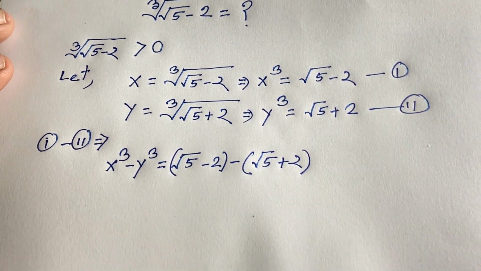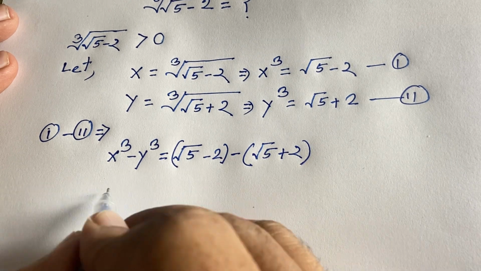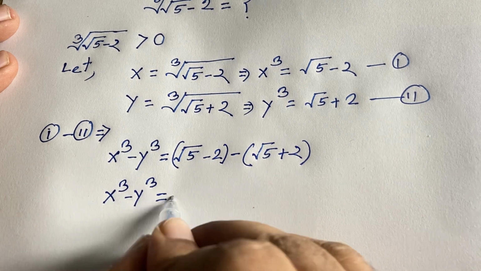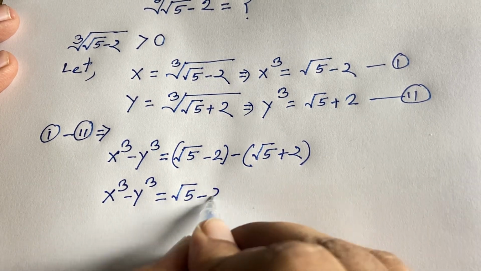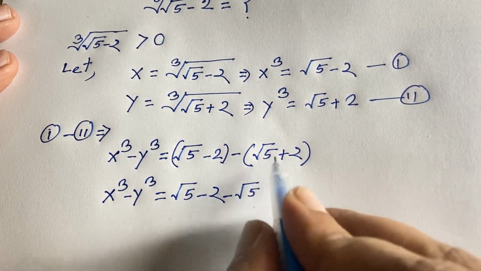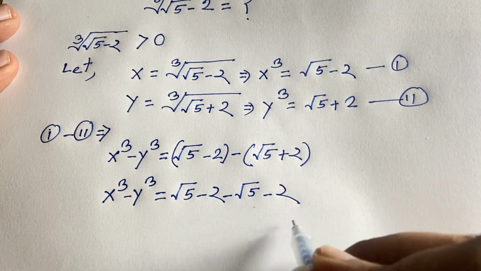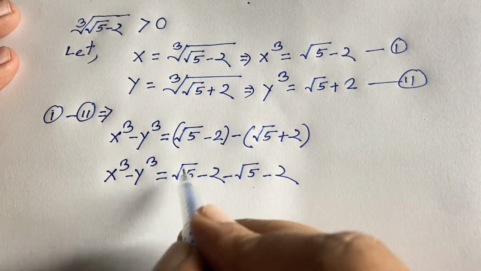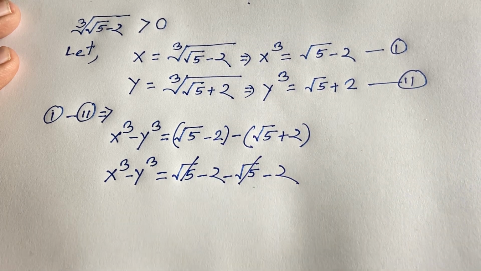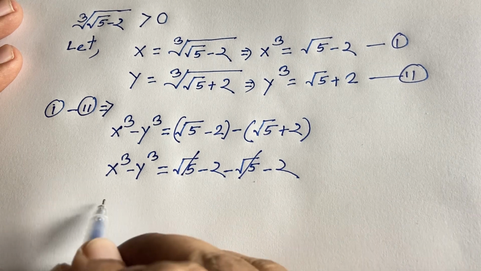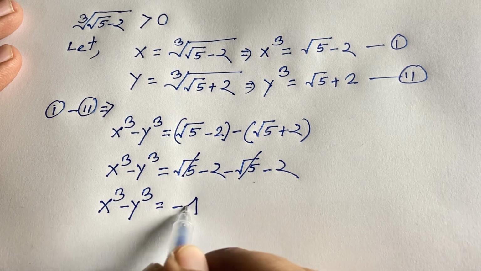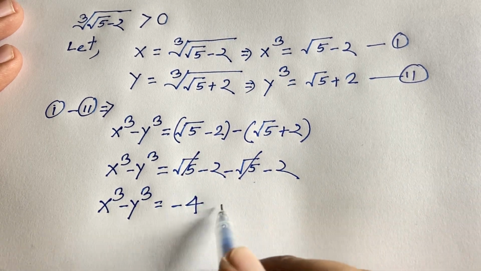Now this becomes square root 5 minus 2 minus square root 5 minus 2. The square root 5 terms cancel, one is plus and one is minus. So we'll find x cubed minus y cubed is equal to minus 4, because minus 2 minus 2 is minus 4.